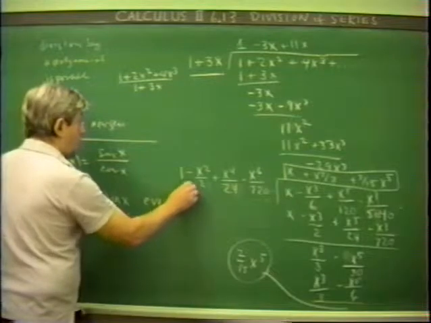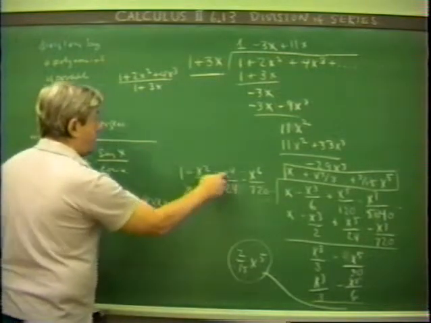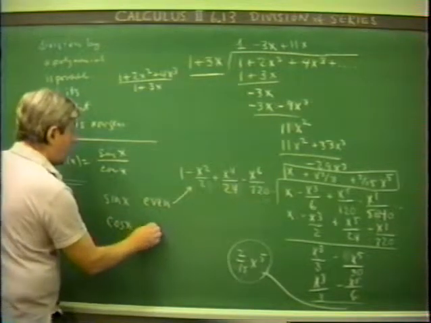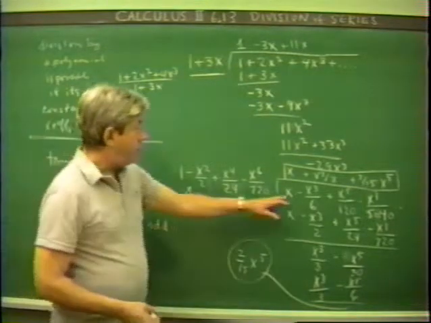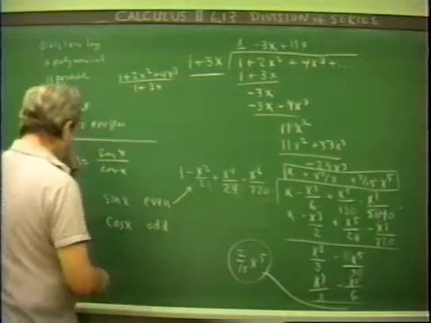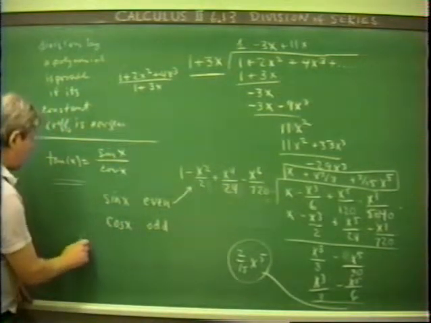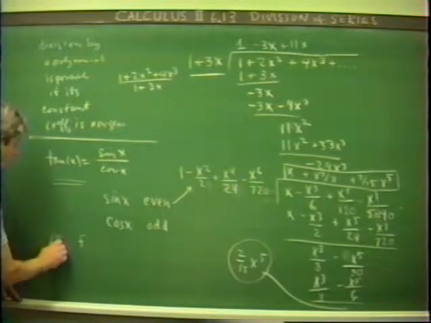Looking at this, let's notice something here. Notice that cosine x has all even coefficients. That's to say, this is x to the 0, x squared, x to the fourth, x to the sixth. And sine x has all odd. X to the 1, 3, 5, 7, and so forth.